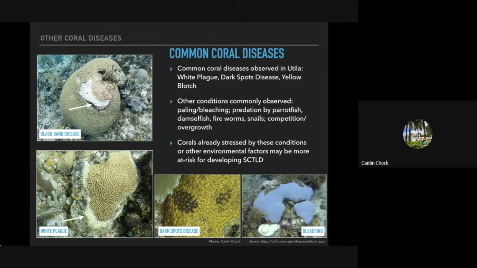Those creatures are actually eating some of the living coral, and in the case of the parrotfish, some of the skeletons. Competition and overgrowth from other organisms on the reef is also common. So corals that are already stressed by these conditions or other environmental factors may be more at risk for developing SCTLD.